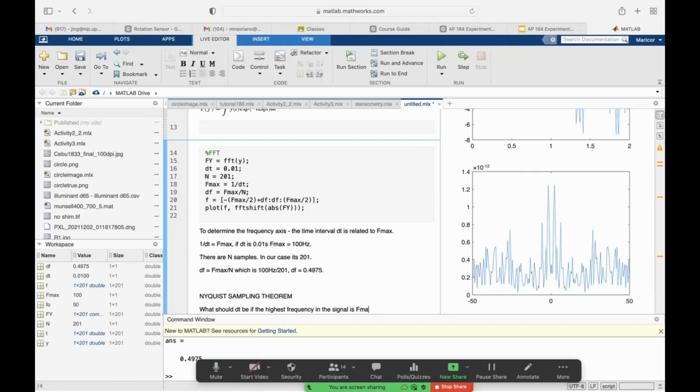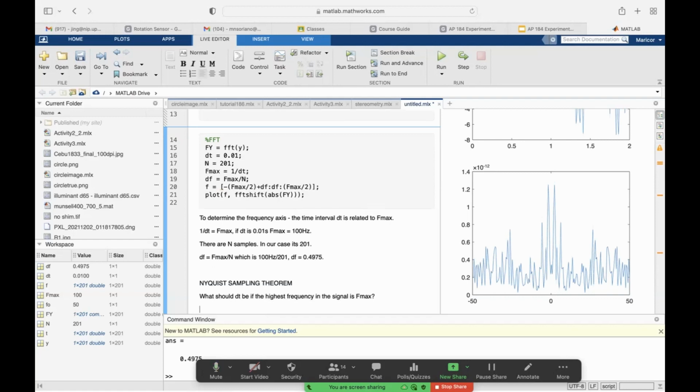F max? Okay? Pwede rin niyang baliktarin. Teka, ayaw kong gamitin yung F max, no? S max na lang. Okay?